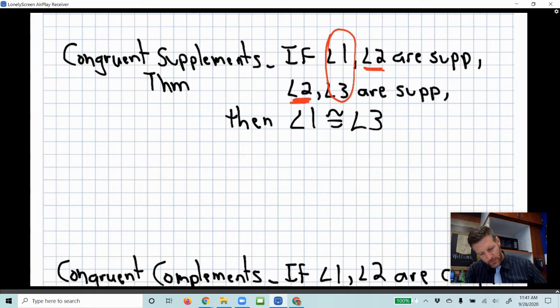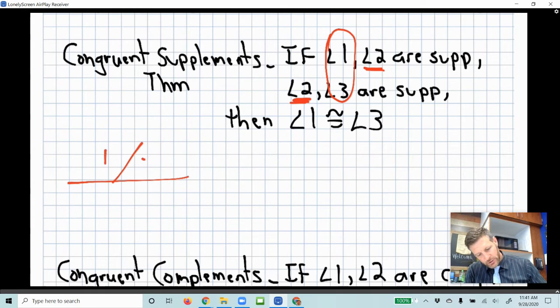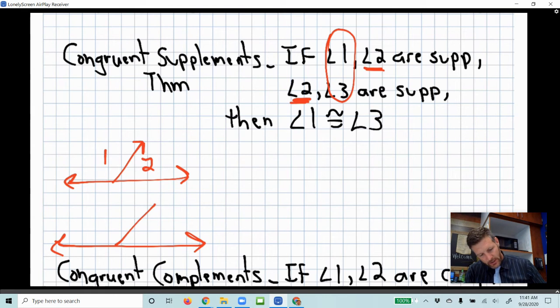What this looks like is where you had two sets of angles, where 1 and 2 are supplementary, they're a linear pair, they add up to 180, and you had another linear pair, angles 2 and 3. Oops, I didn't draw that right, or label it right.